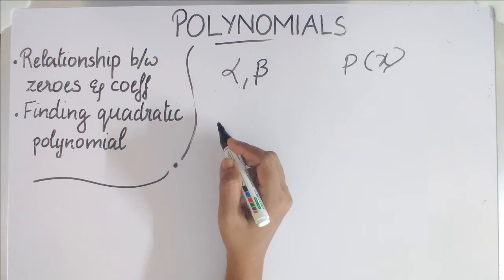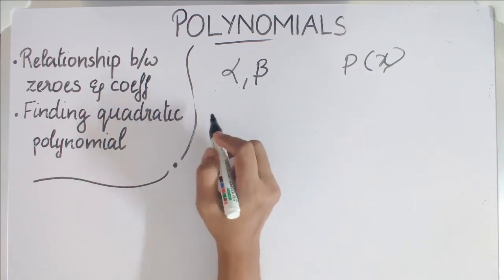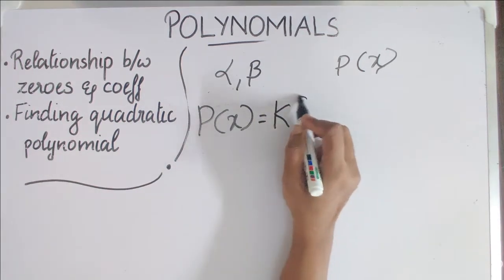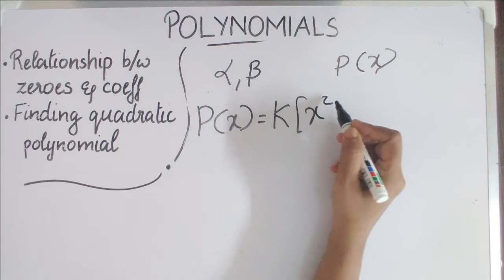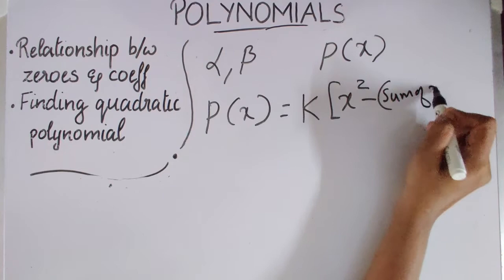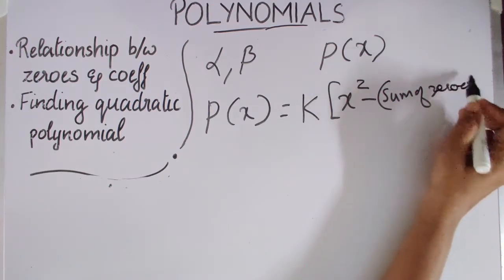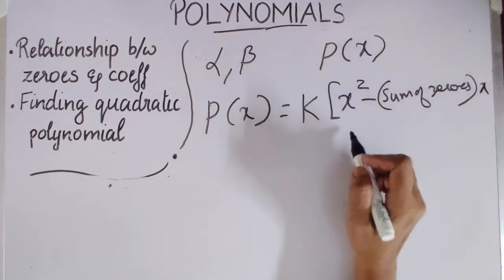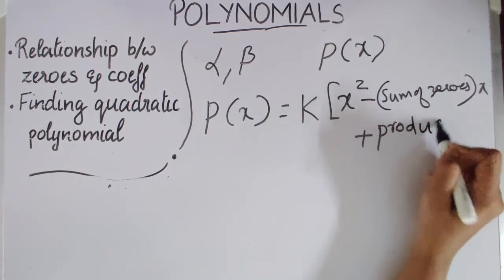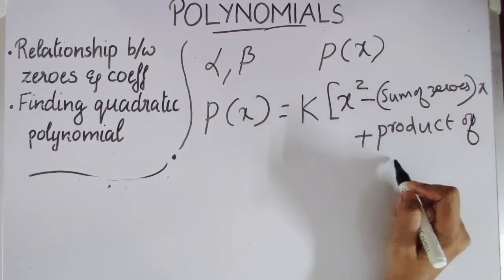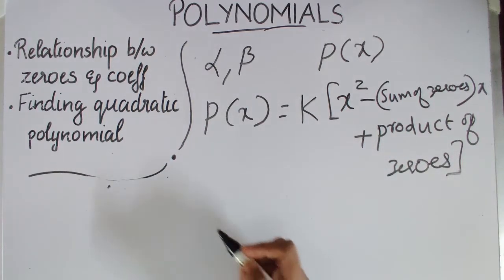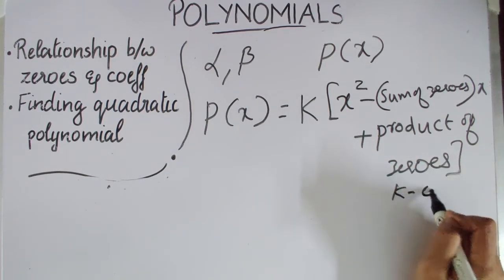Then we use the formula for finding p(x). p(x) equal to k into x square minus sum of zeros into x plus product of zeros, where k is a constant.